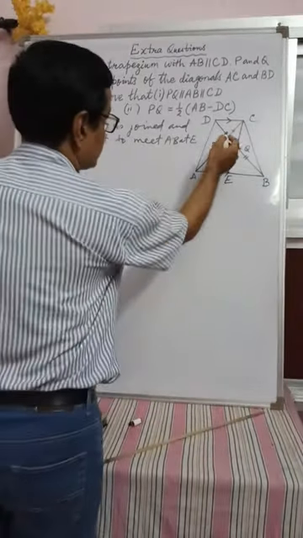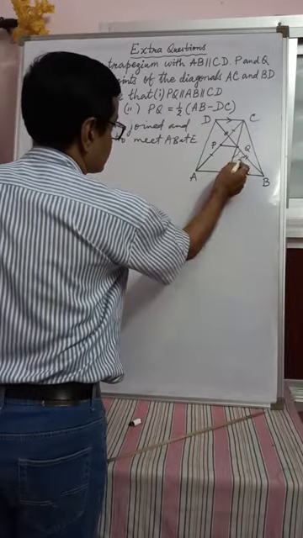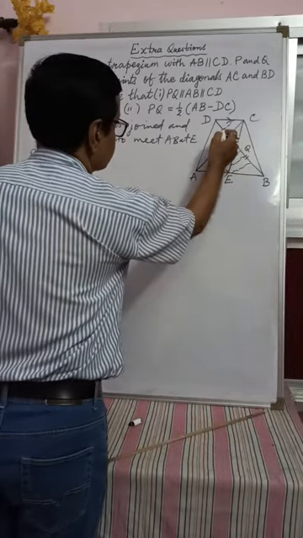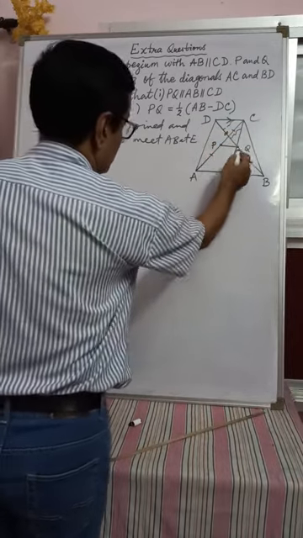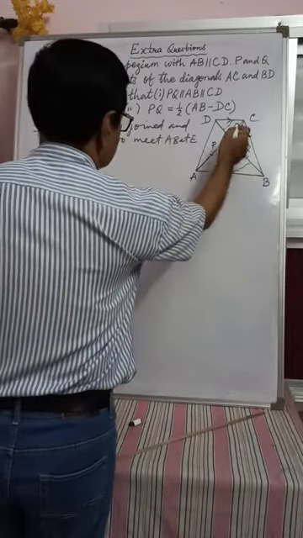Now we are taking up these two triangles: QEB and QCD.